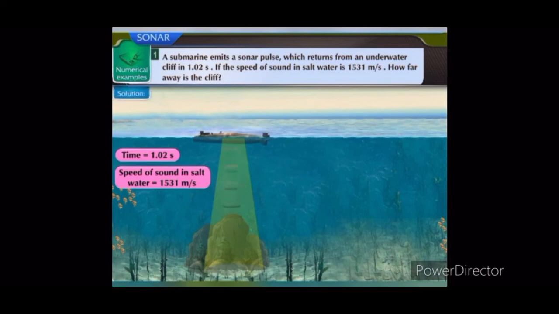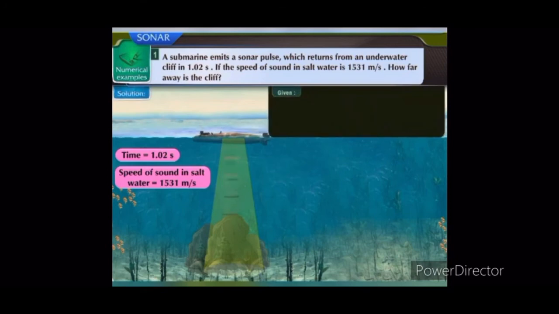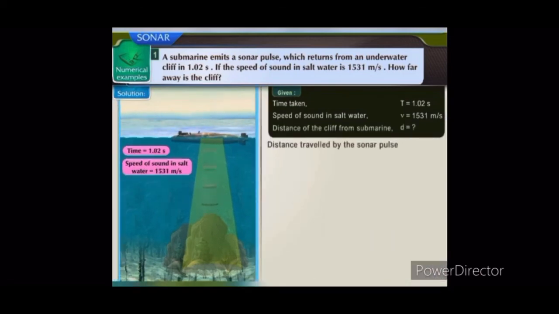Solution. Let us first write the given data. Time taken by the sonar pulse to return, t, is equal to 1.02 seconds. Speed of sound in salt water, v, is equal to 1,531 meters per second. To find the distance of the cliff from the submarine, d: the distance travelled by the sonar pulse is equal to 2d, where d is the distance of the cliff from the submarine.